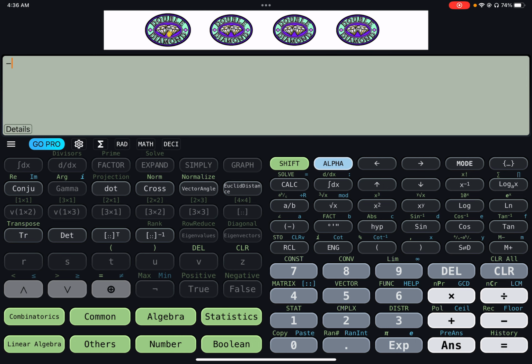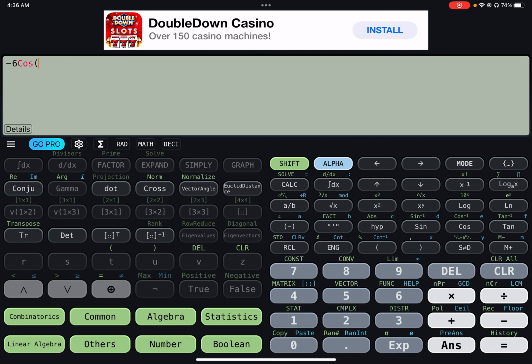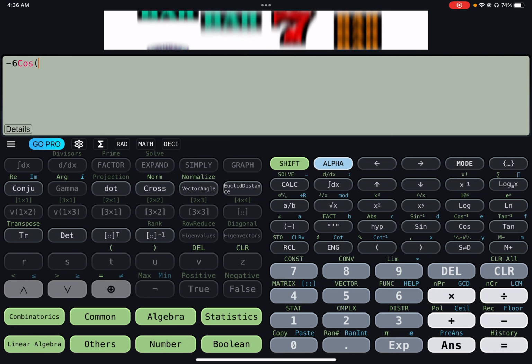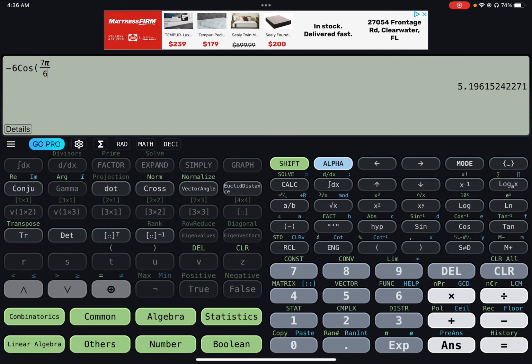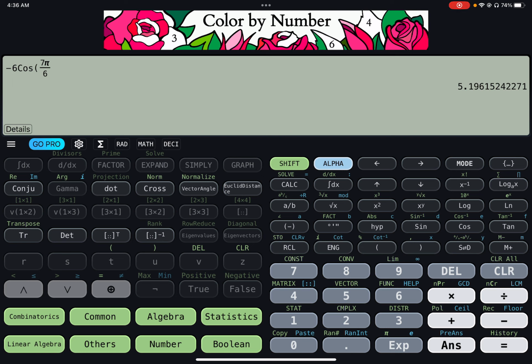So it's negative 6, then cosine of 7 pi over 6. I can make it in fraction. Okay, so the answer is 3 square root of 3.